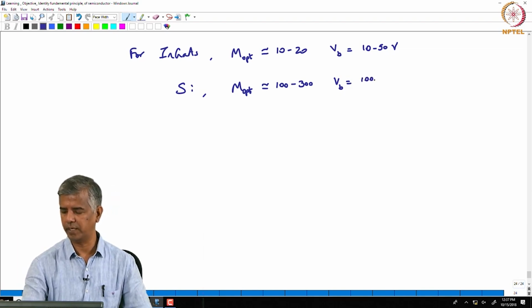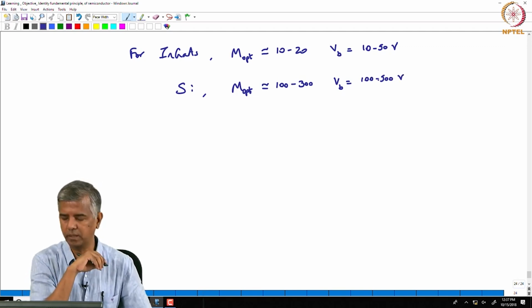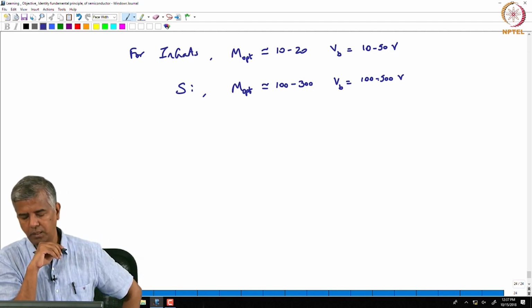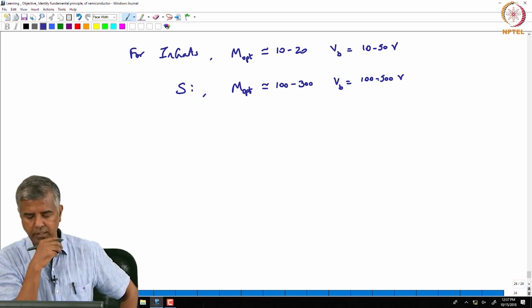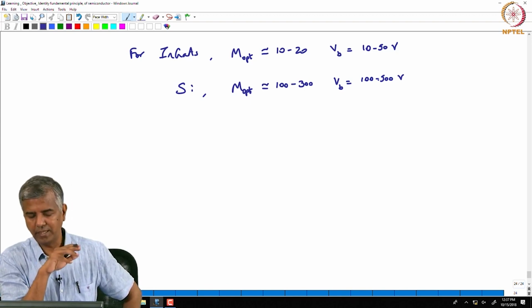It is typically 100 to 500 volts operating voltage to get that gain. But yes, you are able to finally get a much higher gain with silicon than you can with indium gallium arsenide. That is one picture.